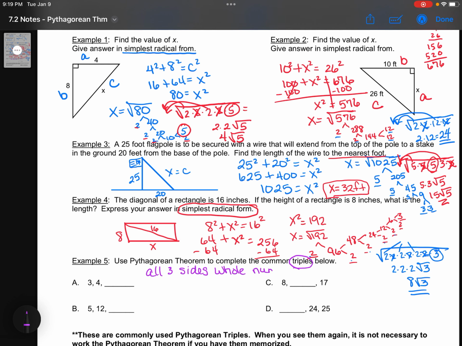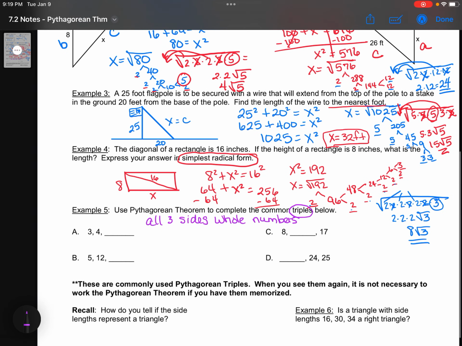And again, if you don't know them, you can work them out. But like it says down here at the bottom, when you see them, you shouldn't have to work it out, because if you know it, you know it. So 3, 4, 5 is a triple, and all the multiples of that. So if you see 6, 8, 10, that's going to be a triple.